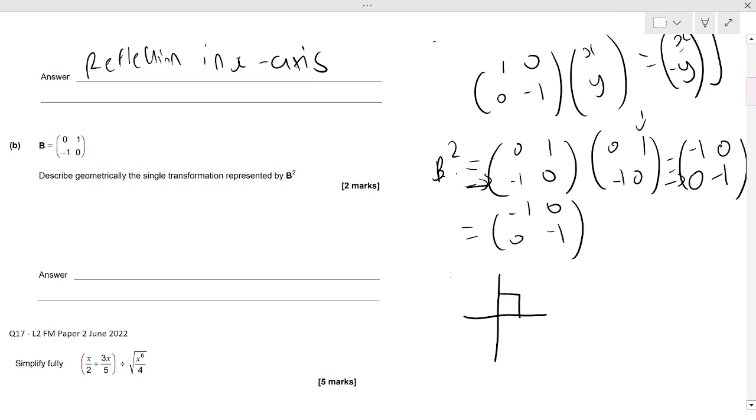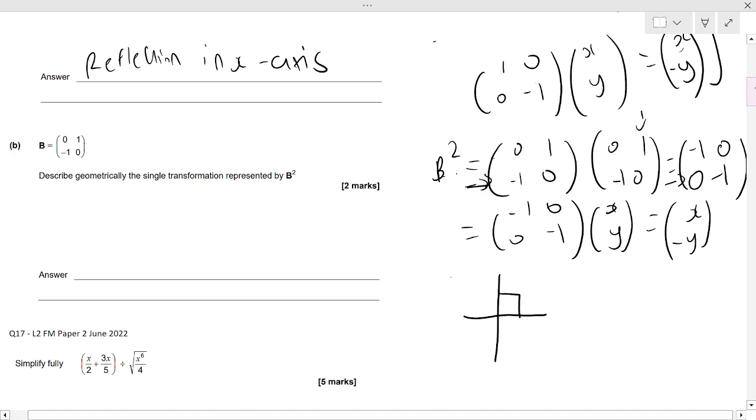Let's consider minus 1. If we multiply it by x, y in general, it's going to be minus x and then minus y.